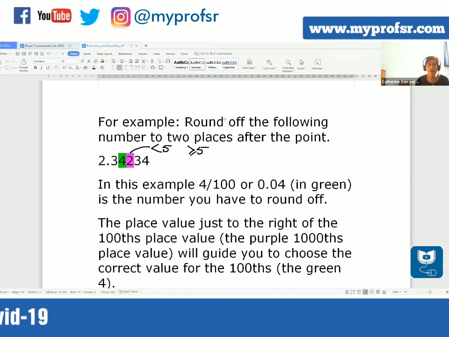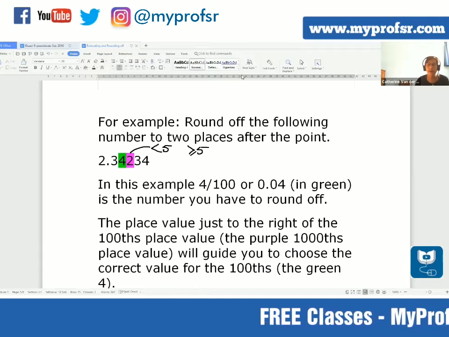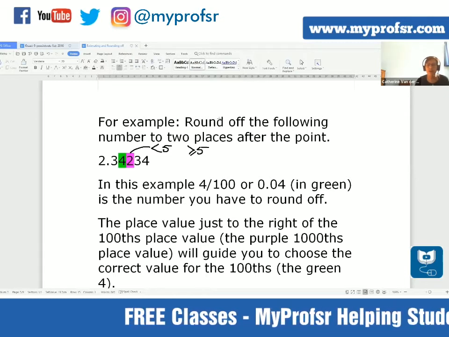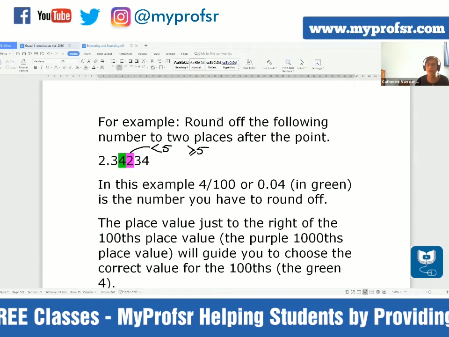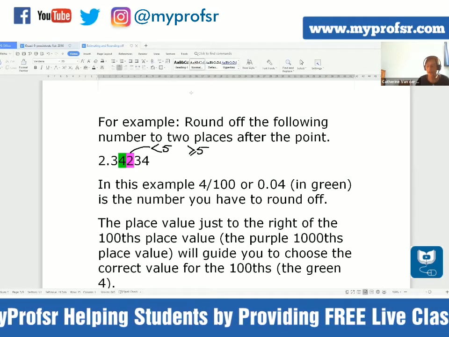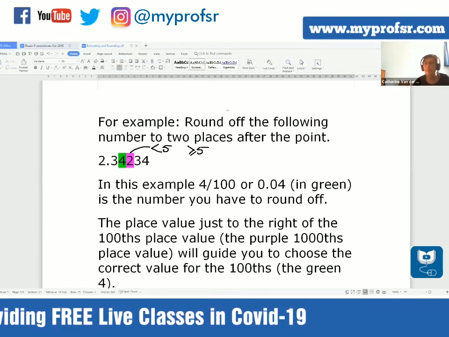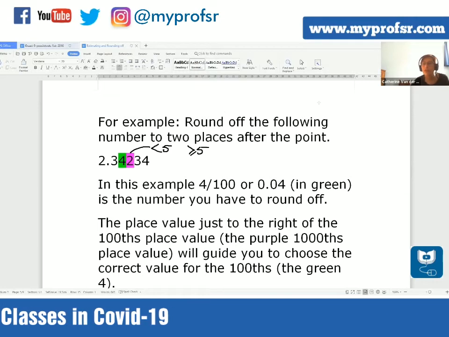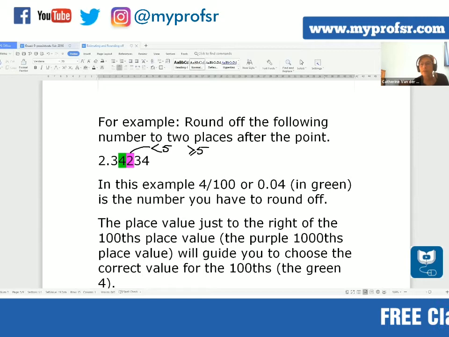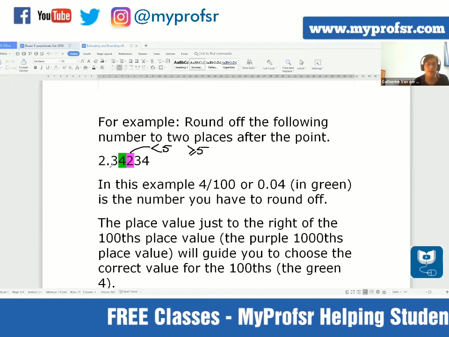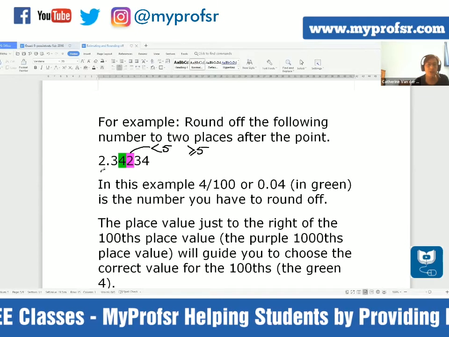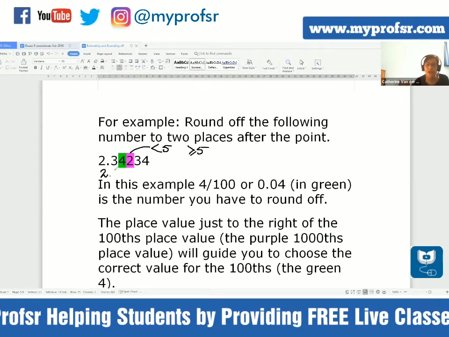Okay, the answer will not be 2.3. Someone posted an answer with 2.3. I just quickly want to explain why that will not be. So the suggestion is that the answer here is 2.3.